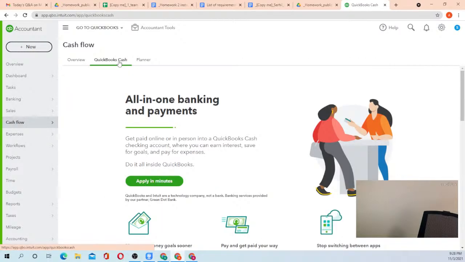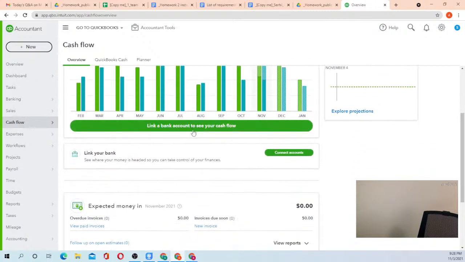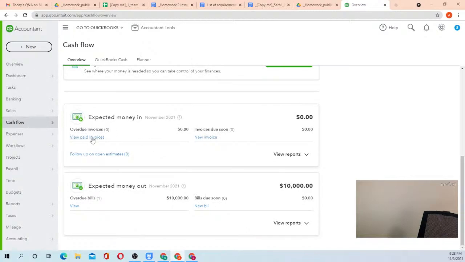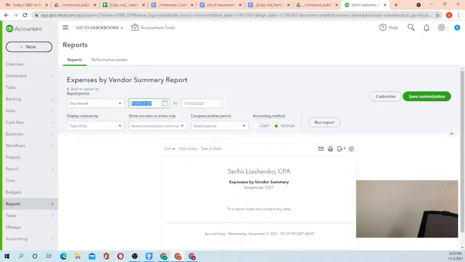Okay, Quickbooks cash allows us to connect different online accounts, view paid invoices, expected money out, overdue bills, view reports, expenses by vendor summary report. And we want that from September through November.